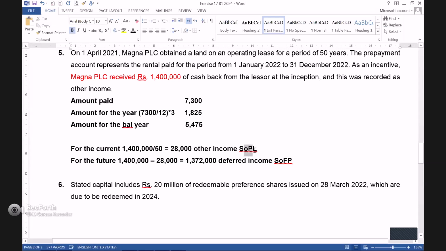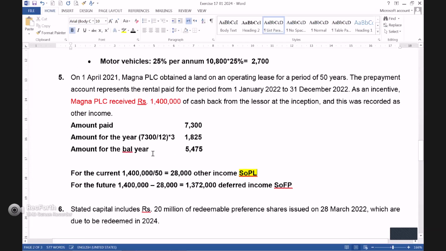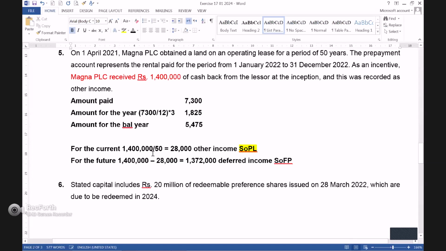It is recorded in the statement of profit or loss. The 1.4 million was already received, and it is a 50 year operating lease. Therefore, other income for the year is 28,000, stated in the statement of profit or loss.